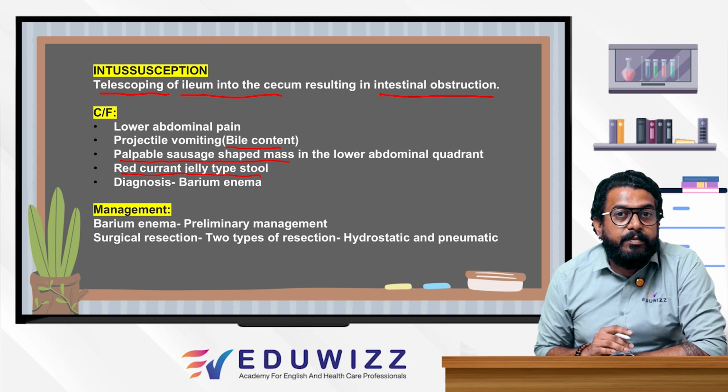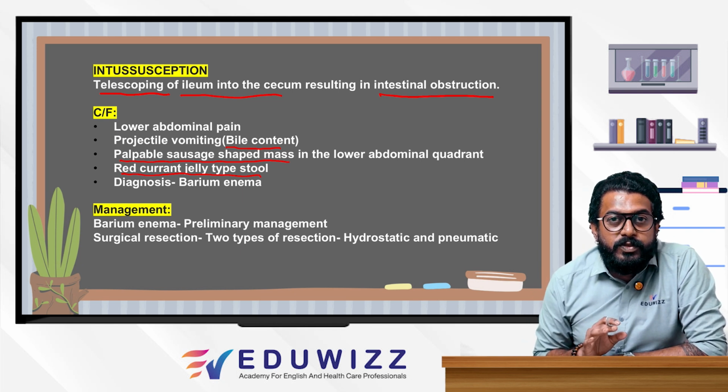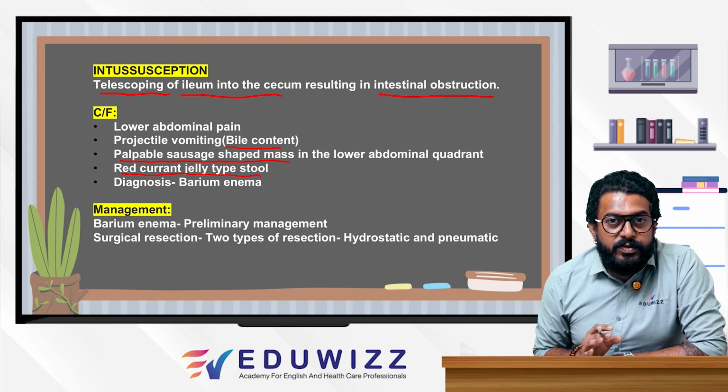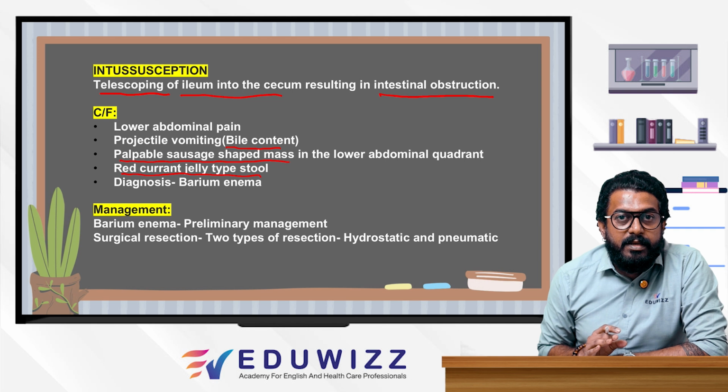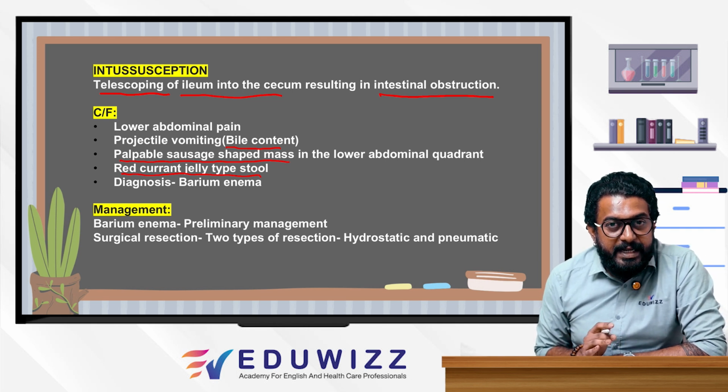So these are the important clinical features in intussusception: palpable sausage shaped mass, currant red jelly stools, and projectile vomiting with bile content.